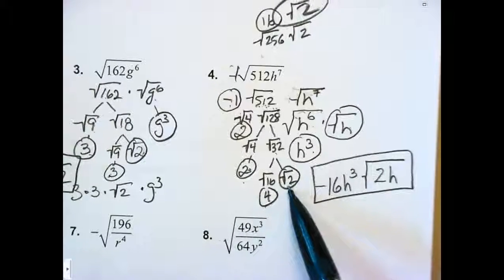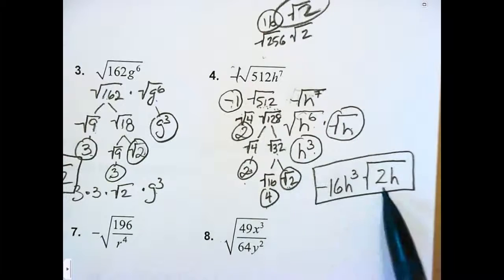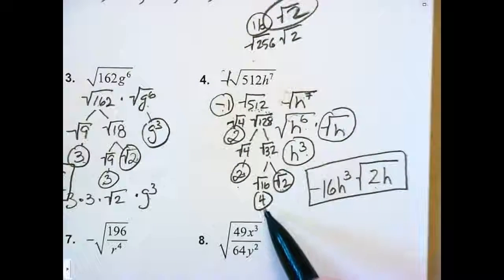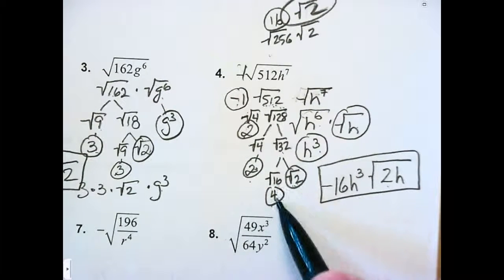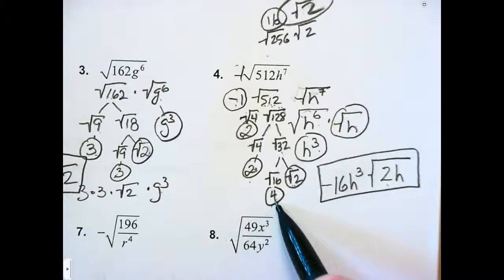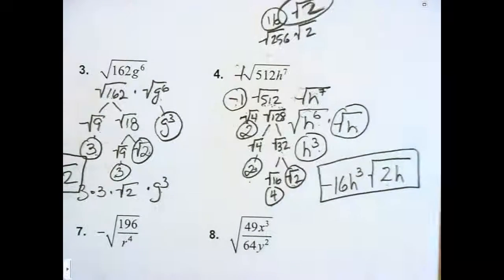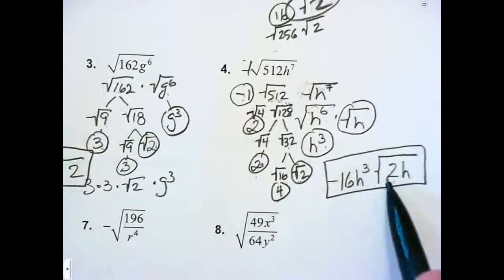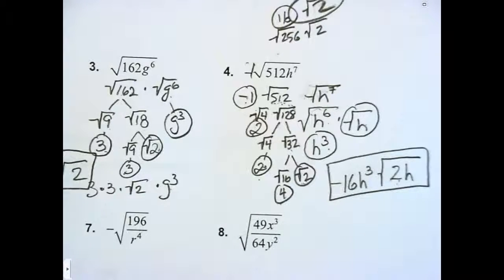This one's in the root, so we have to put it in the root at the end. Because the root of 16 is 4. The 4 is not in a radical symbol. See, there's not a root symbol over the 4. Therefore, we don't put it in the root at the end. Okay?